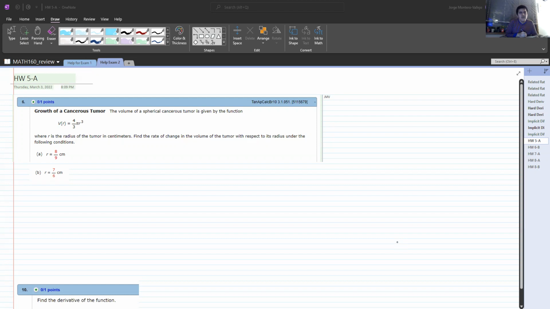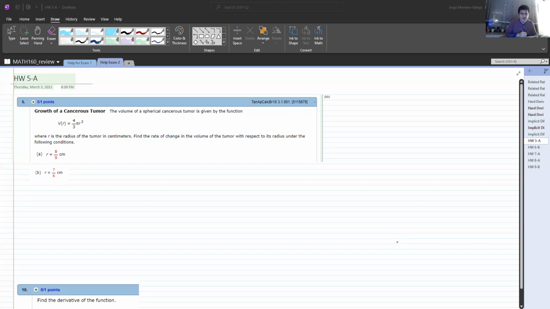It's spherical, so you may already notice the connection with the formula of the volume of a sphere. Here it says where R is the radius of the tumor in centimeters, find the rate of change in the volume of the tumor with respect to its radius under the following conditions. This may sound a bit like a related rates problem.